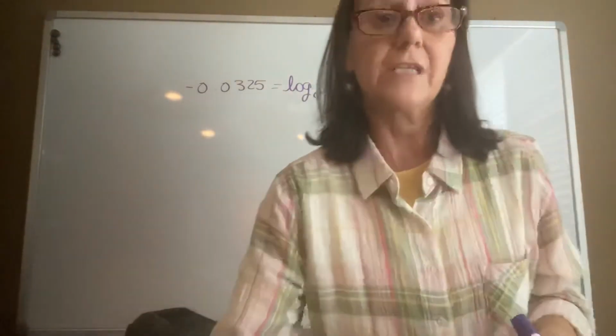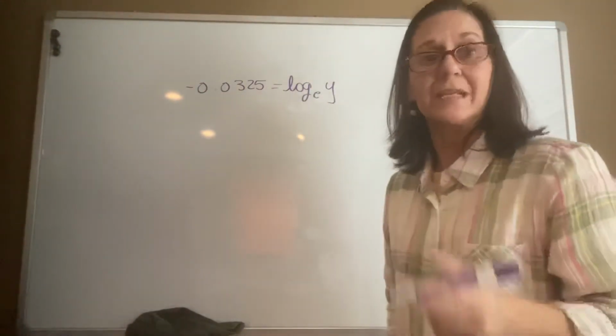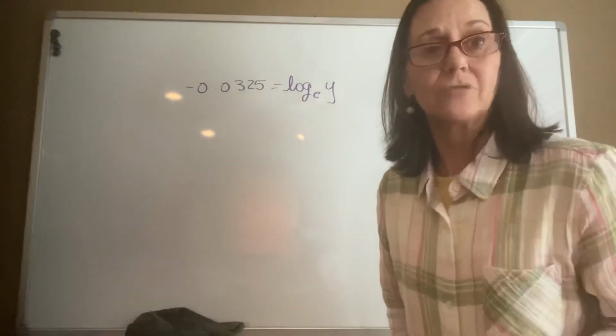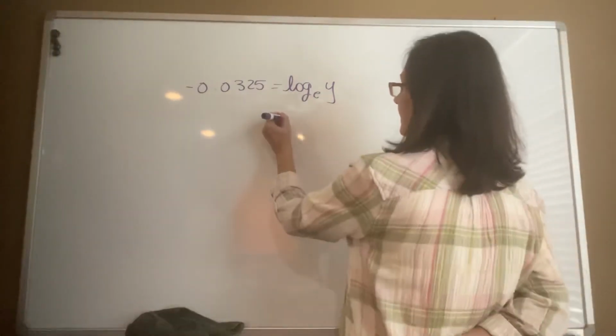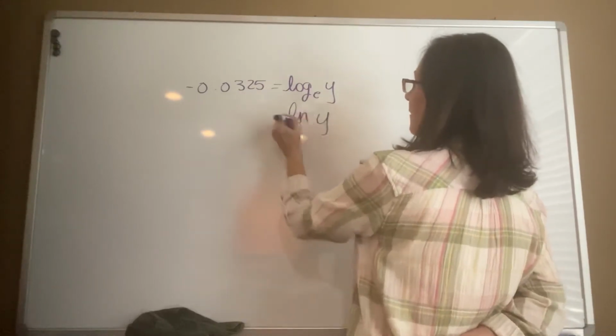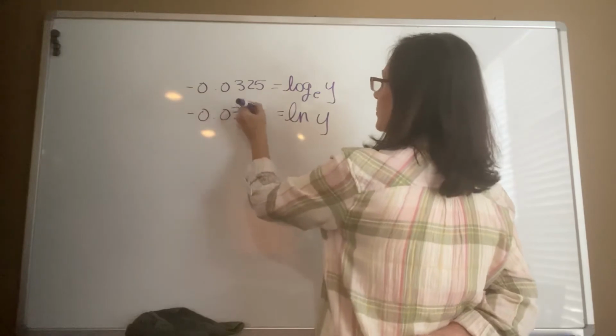Okay, that makes no sense. You wouldn't have a log base E because if your base was E, then you'd have a natural log. Okay, I didn't write the textbook. I'm going to change it. Should be ln of y equals negative 0.0325.